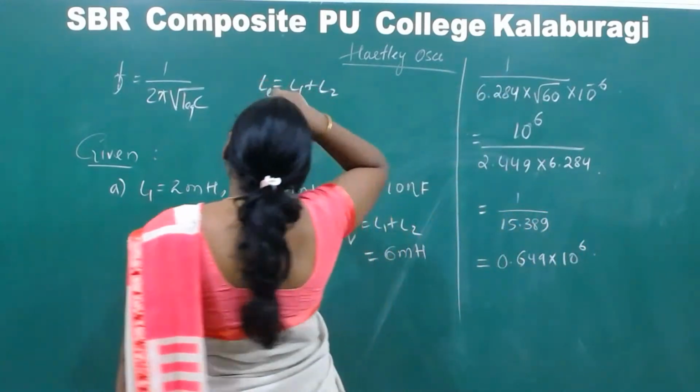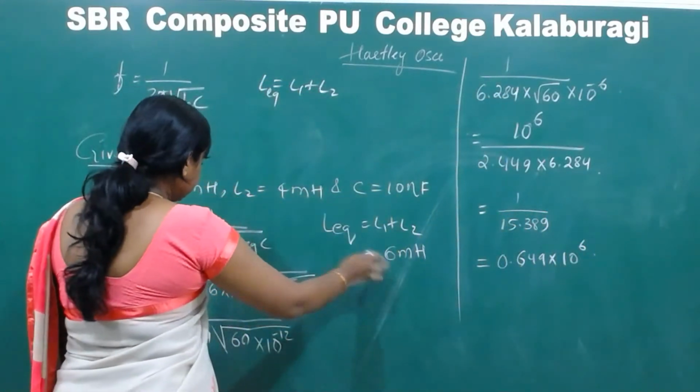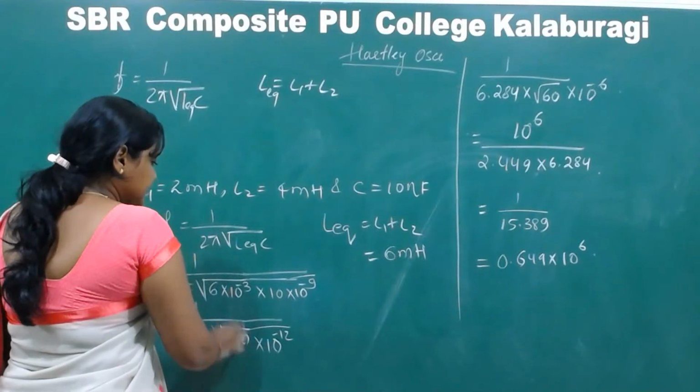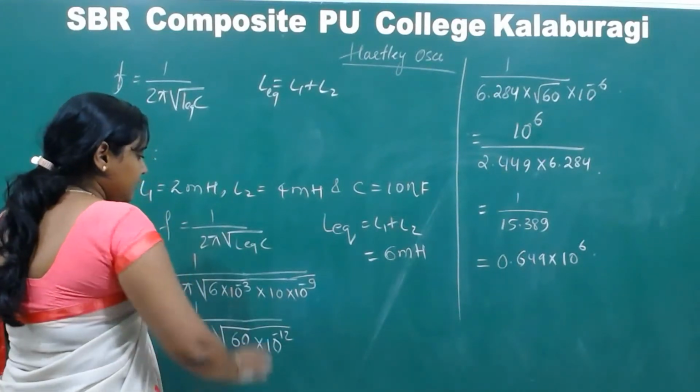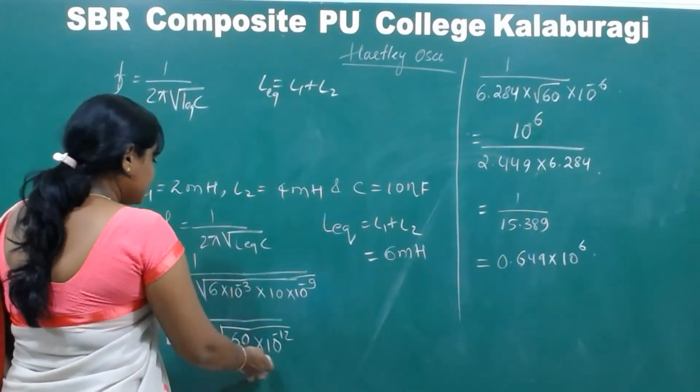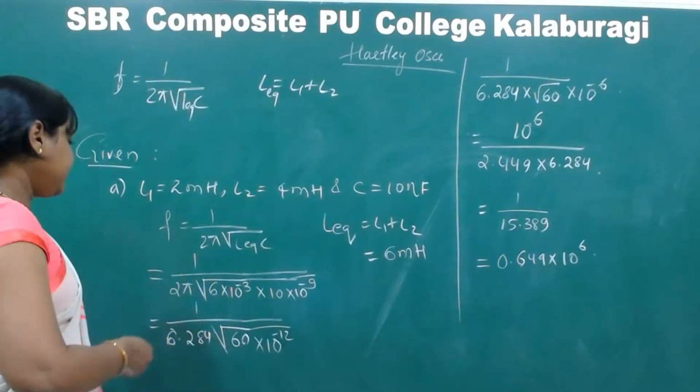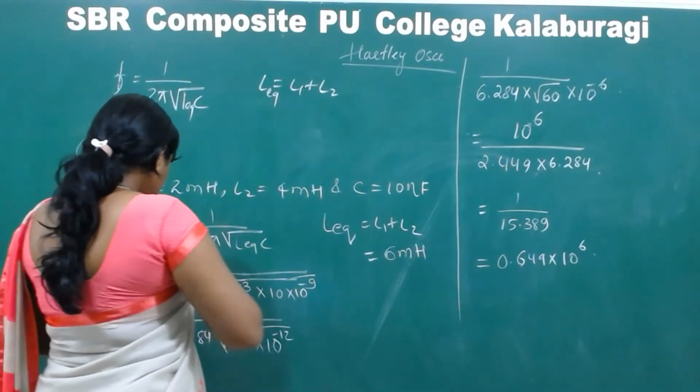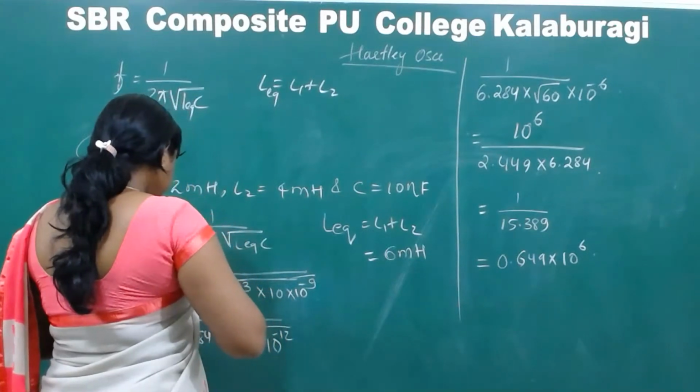So the L equivalent here is 60 into 10 to the power of minus 12. It goes to the numerator, and we'll see the calculation once again.